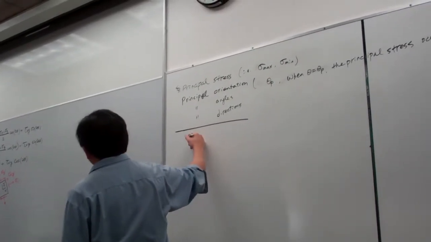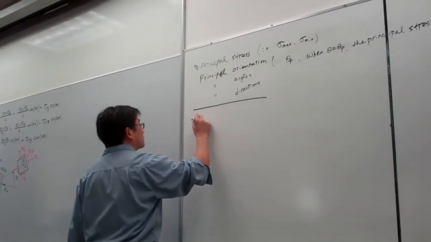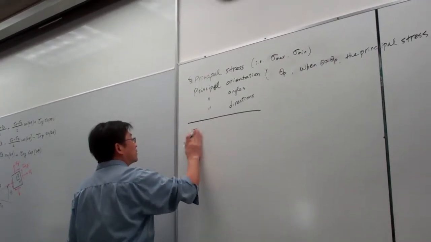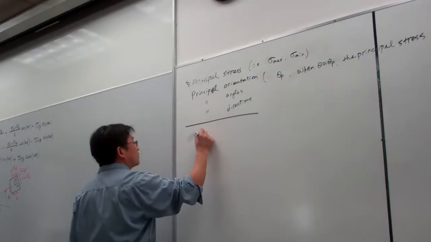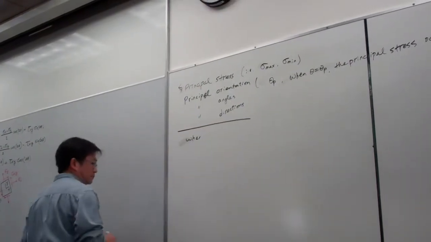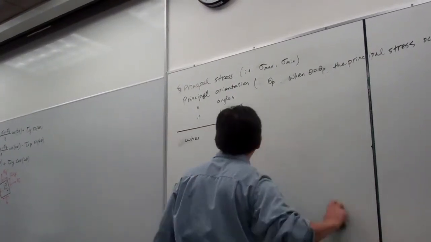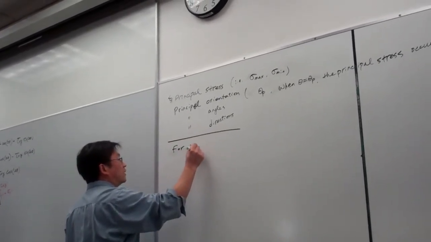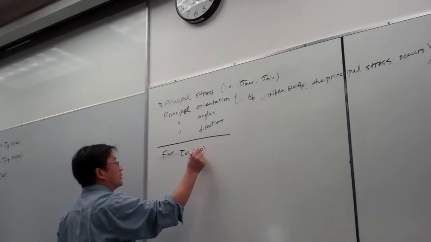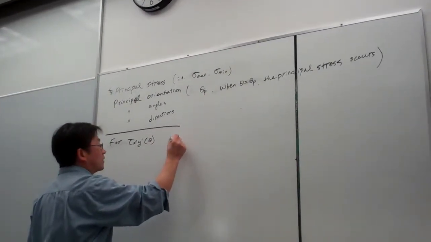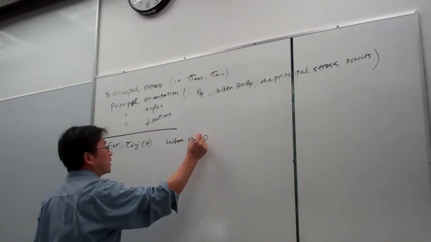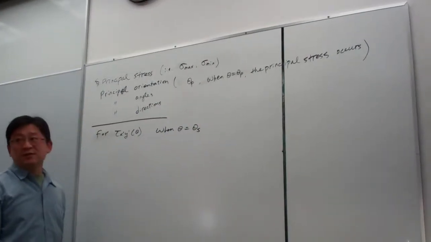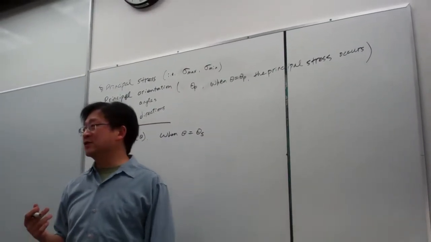And for tau x prime y prime theta, we say when theta equals a special value, we call it theta s, and s means the shearing.